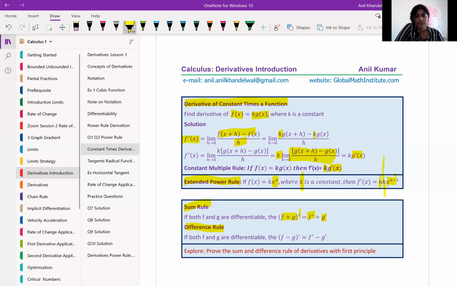If the other term h is very, very small, then that formula works for all real numbers. So n could be any real number. Is that clear? In calculus, it works for all real numbers because we always have the term h, which is very, very small. And the formula works for every function because of this reason. So be careful. This is a very good note. You need to understand.